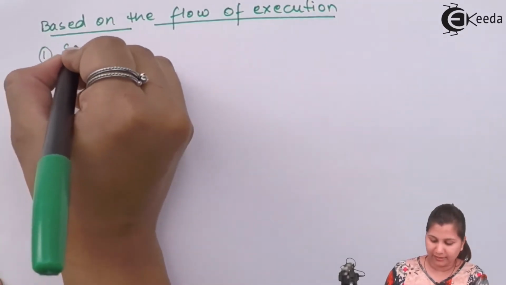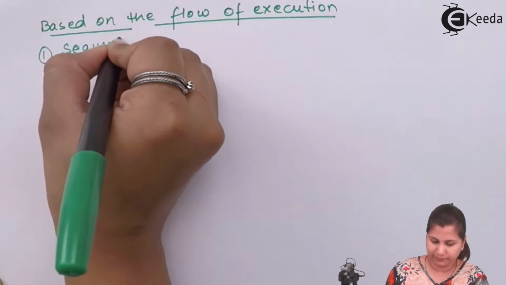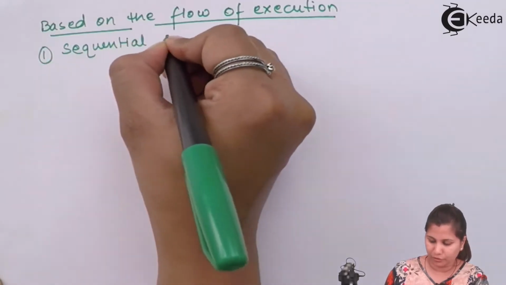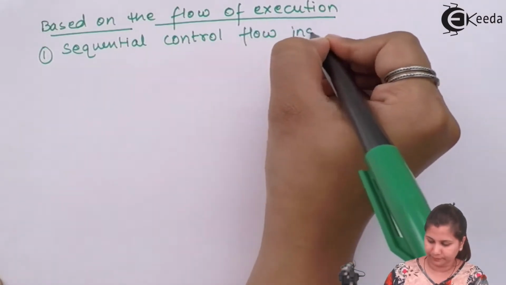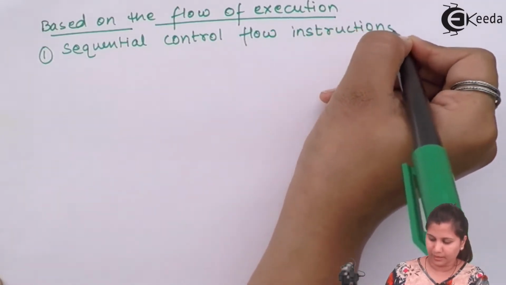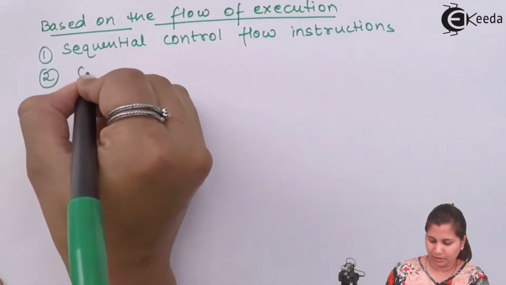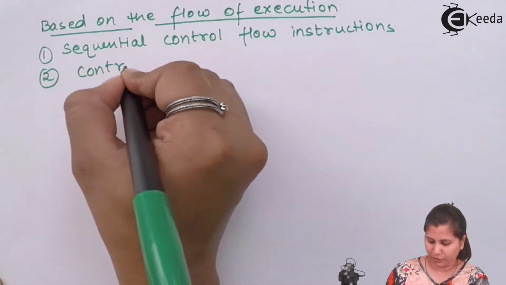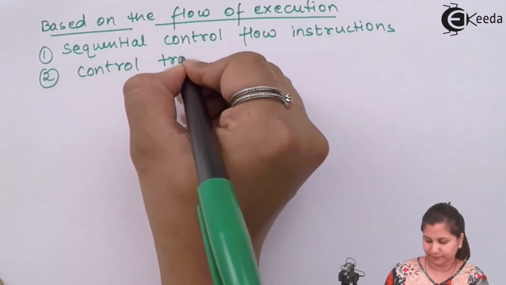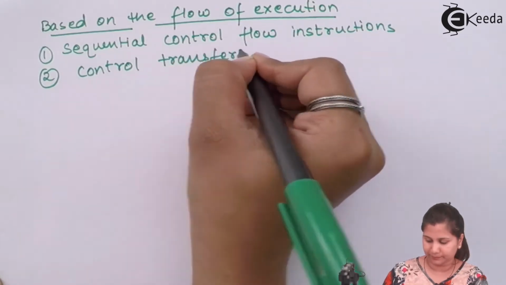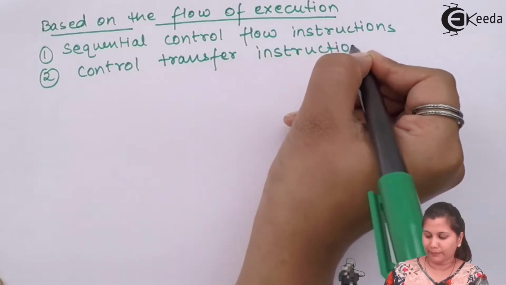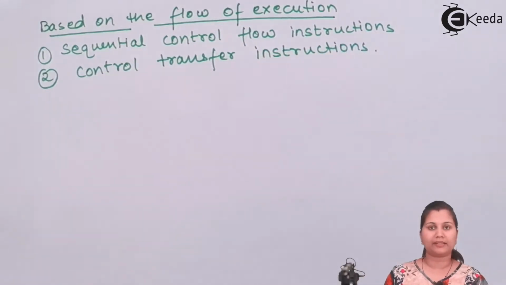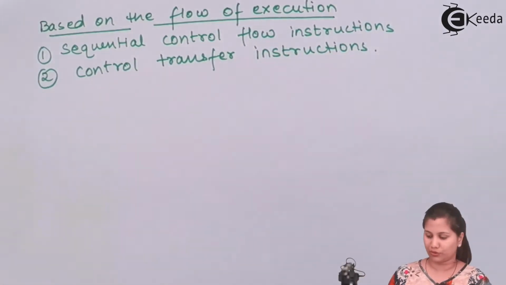One is the sequential control flow instructions, and the second is the control transfer instructions. These are the two types of instructions on the basis of the flow of execution.